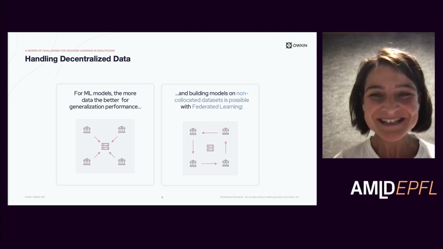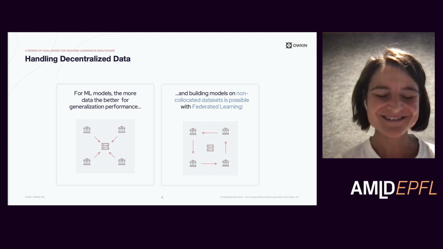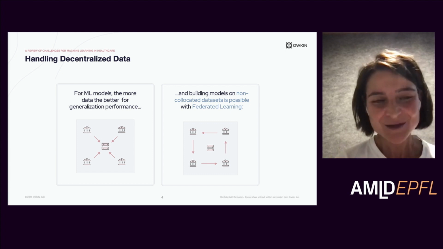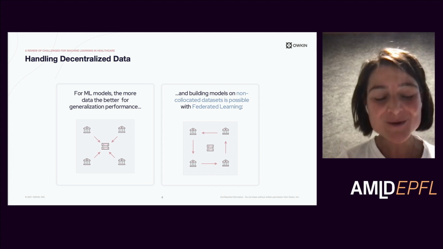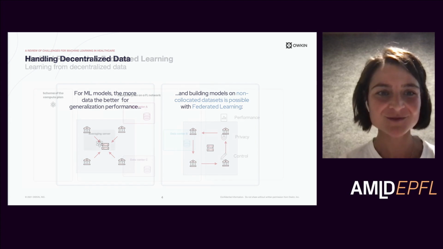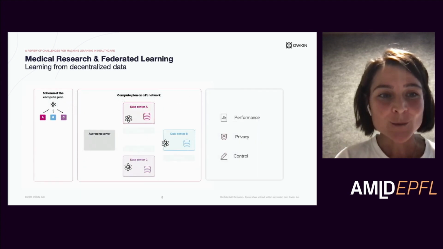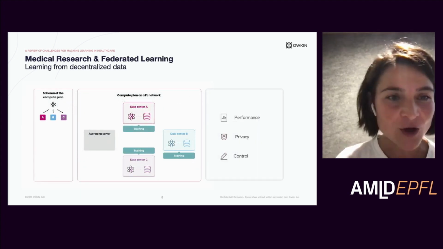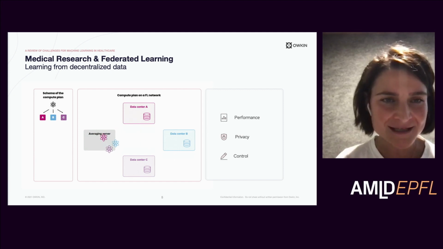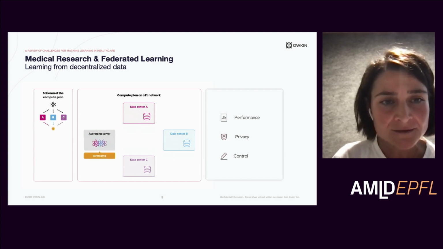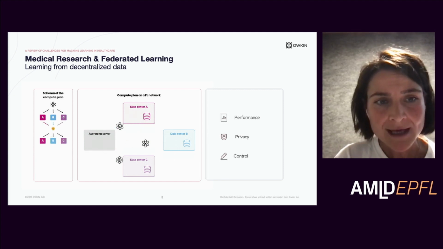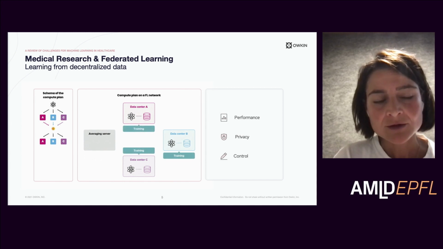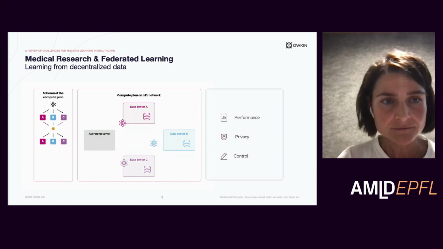And so here appears federated learning, this powerful technique which makes it possible to still train a machine learning model while keeping the data stored in the different centers. More specifically, on this animated image, you see 3 centers, A, B, and C. In each of them, there is data.